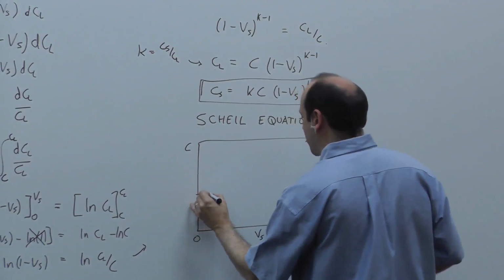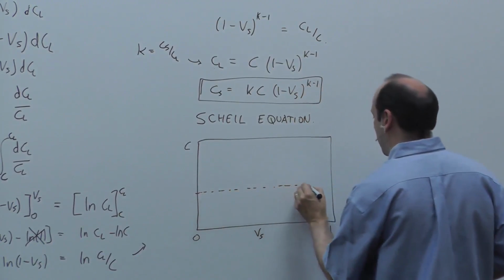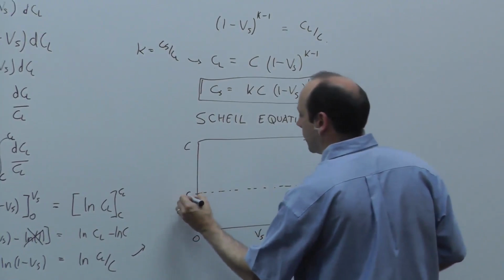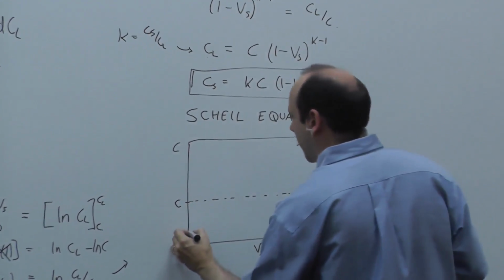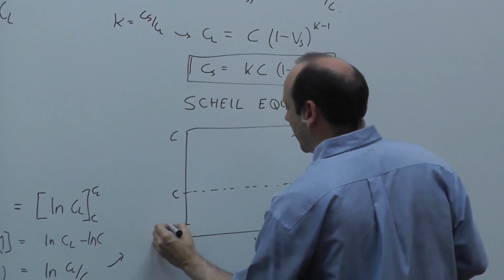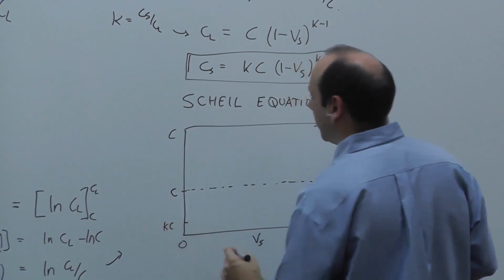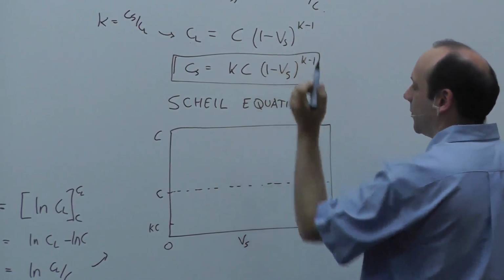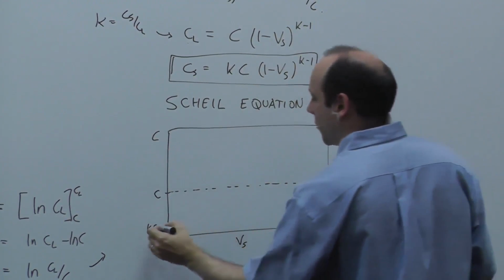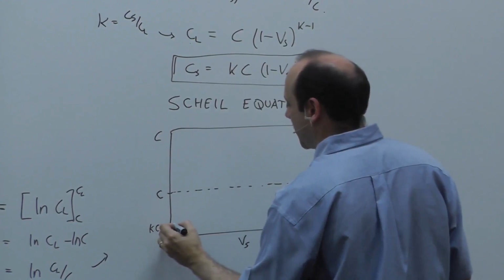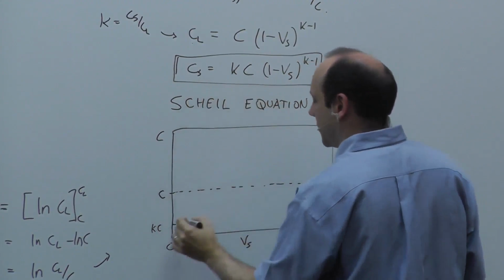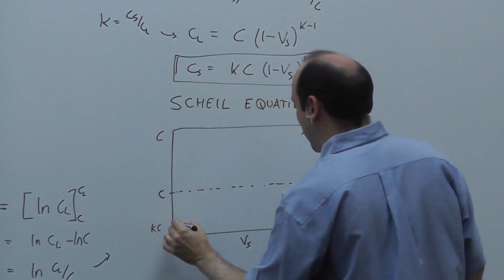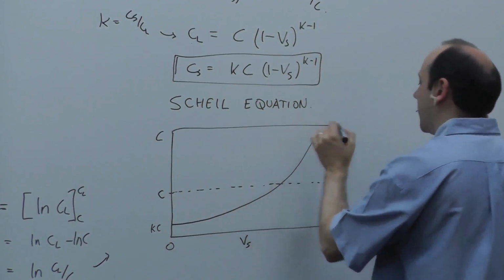We've got our alloy composition here that is C. And we've got an original composition k times C for Cs. When you put 0 in here, that's 1 to the power of something which is equal to 1. So we've got kC at the initial state, but the volume fraction of solid is equal to 0. And then this will go up something like this.